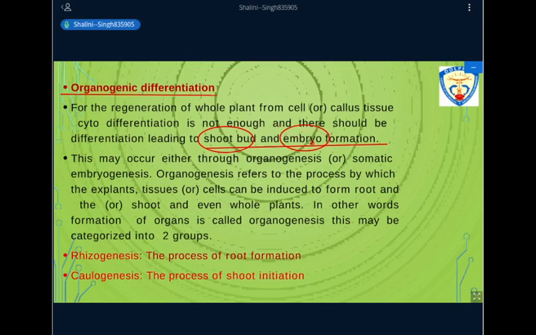When you are making shoots directly from the explant or callus, it is known as organogenesis. And when you are making an embryo from that explant or callus, that is known as embryogenesis. Since you are developing these embryos from the somatic part of the plant, this is known as somatic embryogenesis.